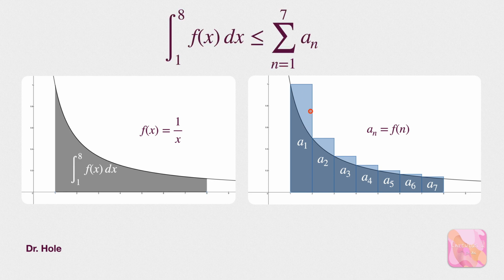So, the area in the shaded rectangles can be represented through this summation, which is s sub 7. And the area in gray is given by the definite integral. Since the rectangles protrude past the curve, we have the inequality pointing in this direction.